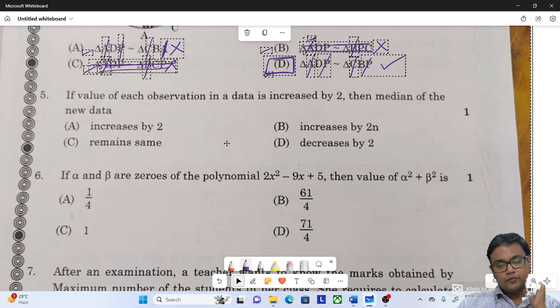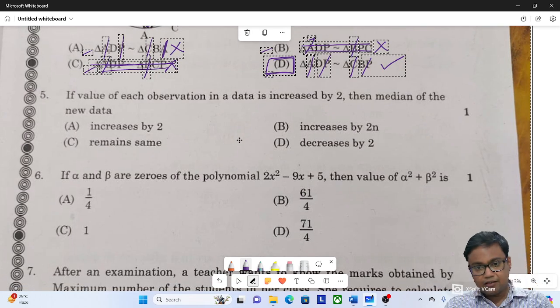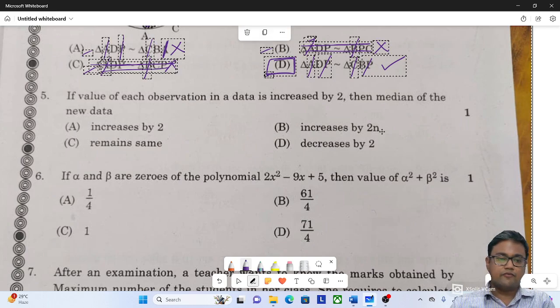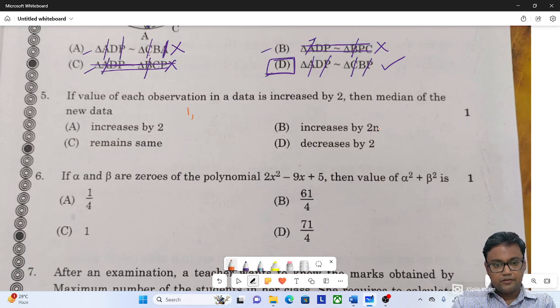If the value of each observation in a data set is increased by 2, then find the median of the new data. So, we have to find the median of the new data, children. Let us take an example of a data set. Let us keep it very simple, 1, 2, 3, 4 and 5.